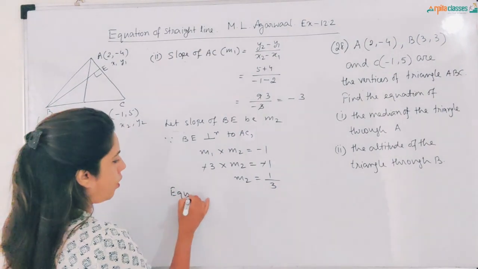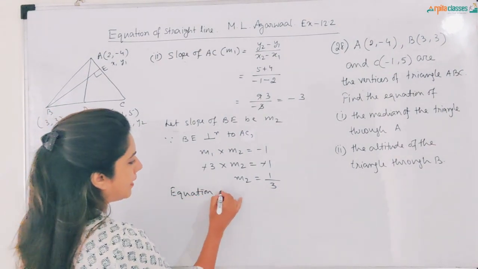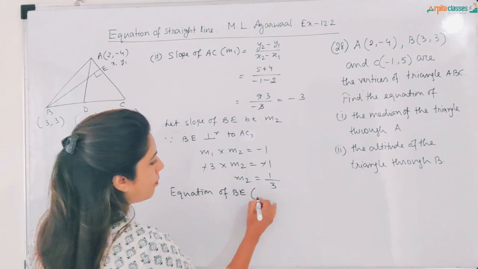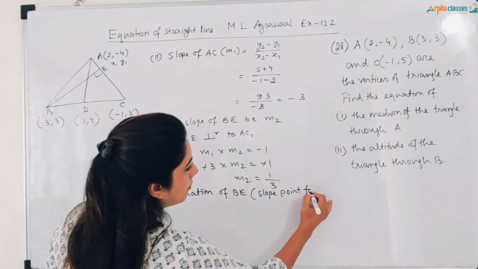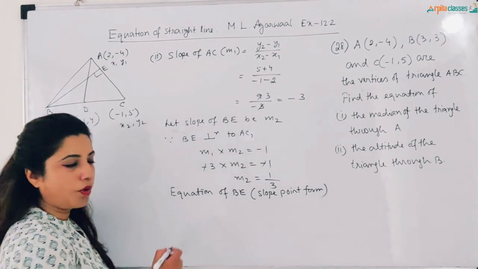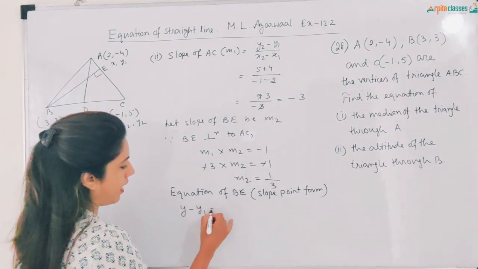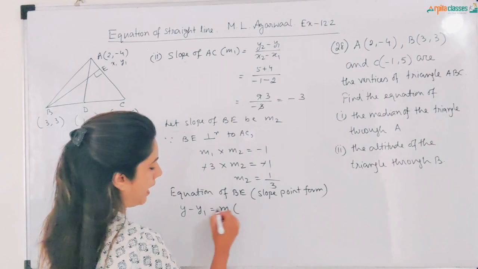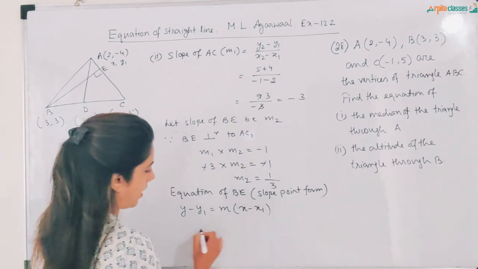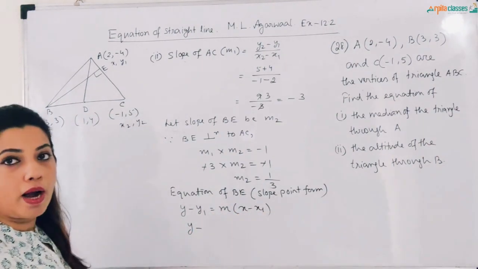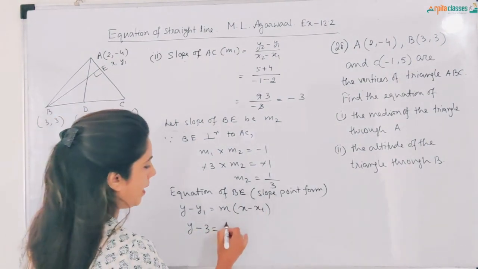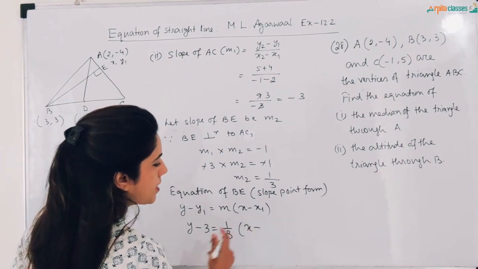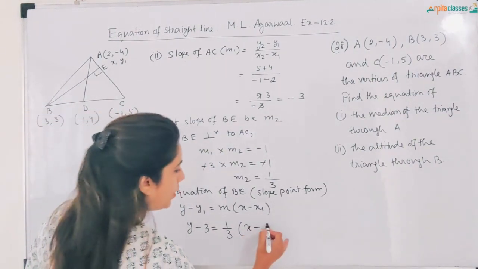So the equation of BE, which form? Slope-point form. First let us write down the form: y minus y1 is equal to m into x minus x1. y minus y1, where y1 is 3, is equal to 1 by 3 into x minus x1, where x1 is also 3.